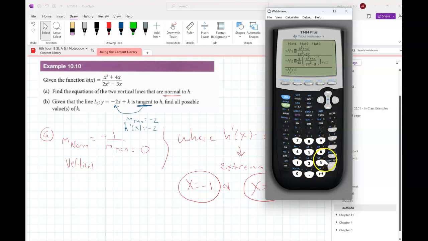I'm not positive your machines will do this. I guess we can grab both of them at the same time. Oh, it did do it. I'm kind of surprised. Well, that's cool.